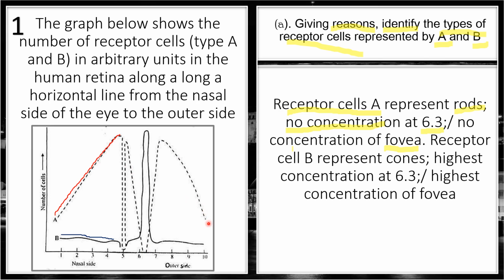We are saying that this one is what we are referring to as receptor cells A. There is no concentration at 6.3 and no concentration at the fovea.